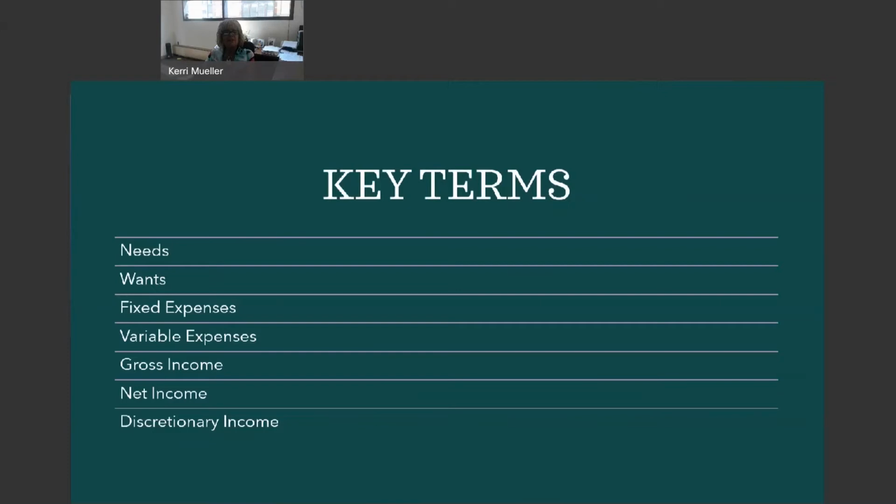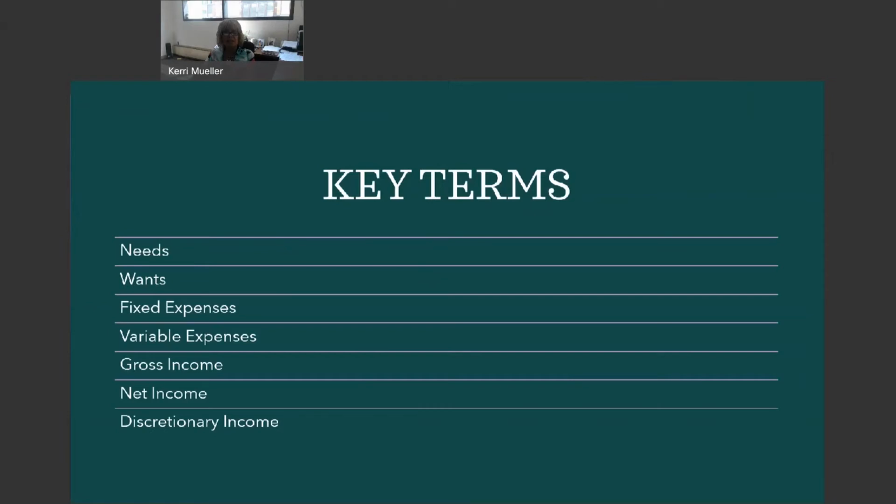And finally, it is important to understand the difference between all types of income. Knowing the difference will help you when planning your expenses. Simply put, the money that comes from your household is called income. There are many sources of income that can fund your budget. Gross income is your total income before any taxes or deductions are taken out.